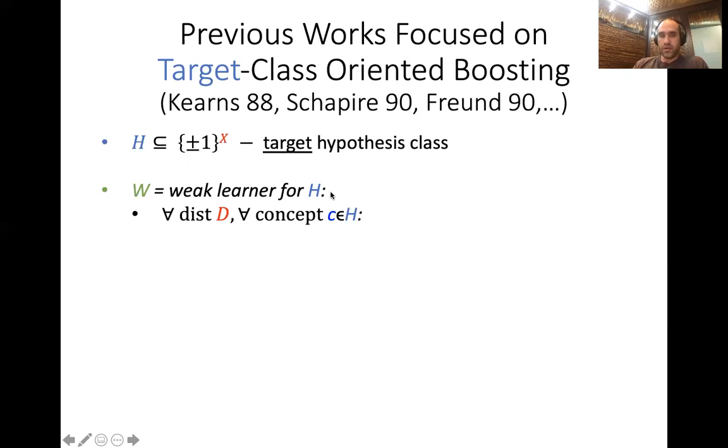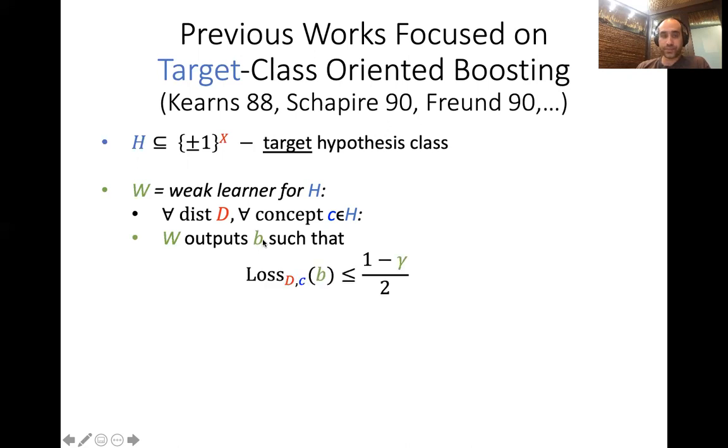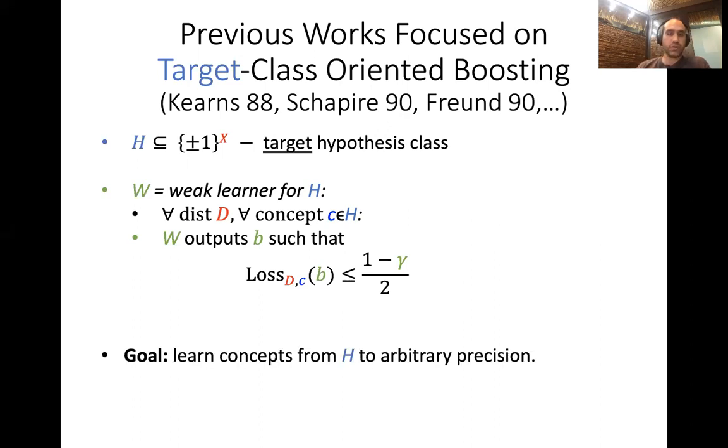So for every distribution D on the domain and for every target concept from H, the weak learner, given enough examples, will output a weak hypothesis which agrees with the target concept on slightly more than half of the points. And then the goal of boosting was to learn concepts from H to arbitrary precision, right? So to get a strong learner, but for the very same class H. So we begin with a weak learner for H, and we want to produce a strong learner for the same class H.